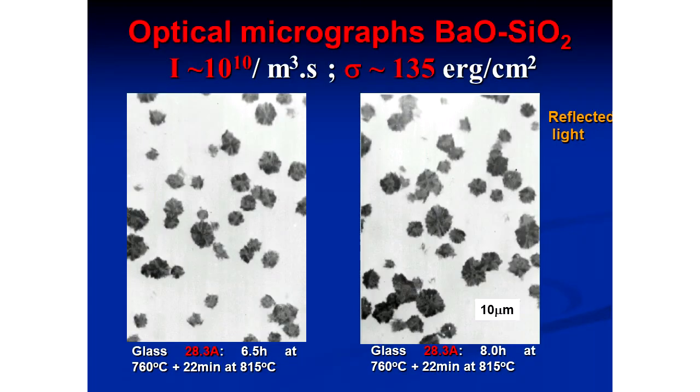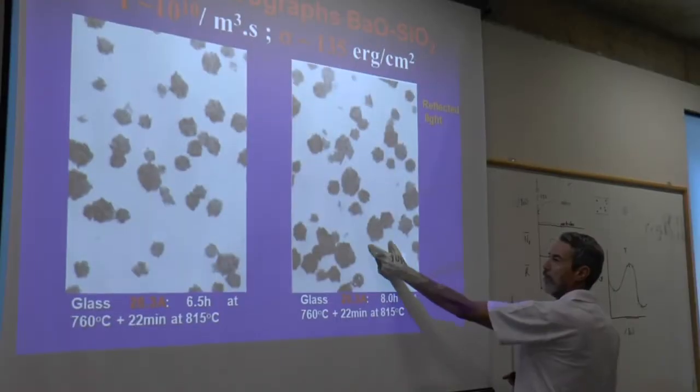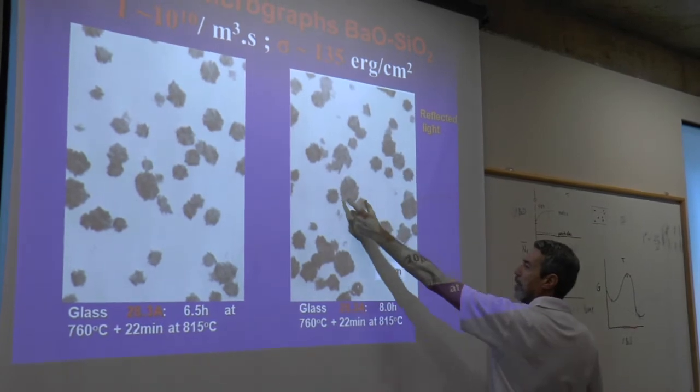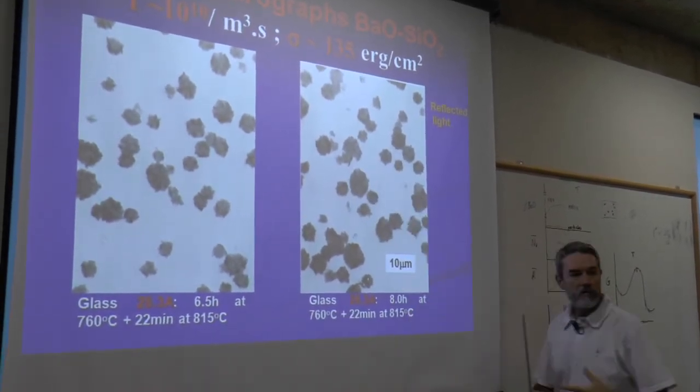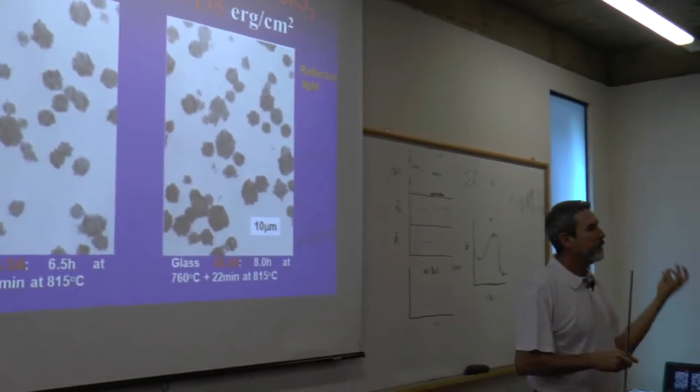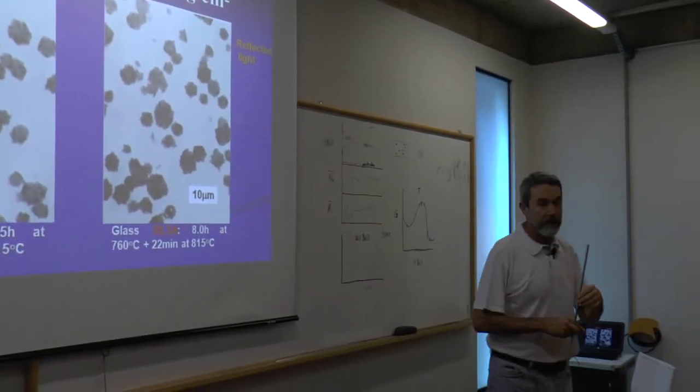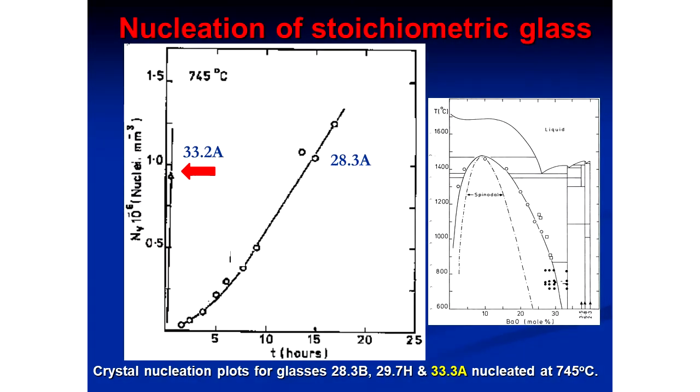And here you are. These are now photographs of 10 microns. So these crystals here have 5, 6, 2, 3, 4 microns, much, much larger than the amorphous droplets. So you could follow by microscopy. And here you are.